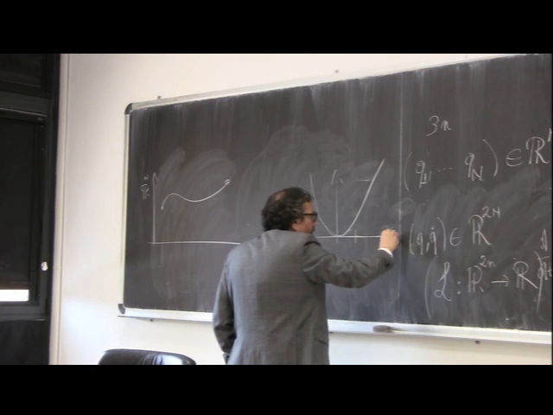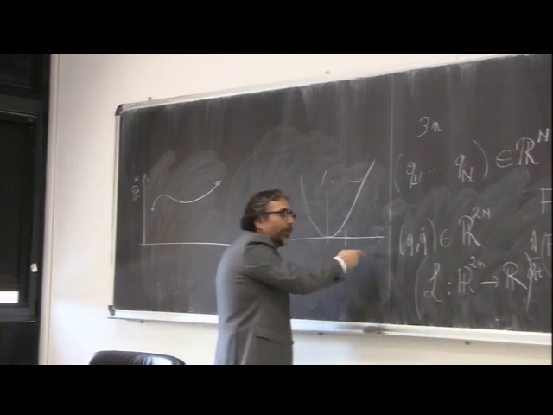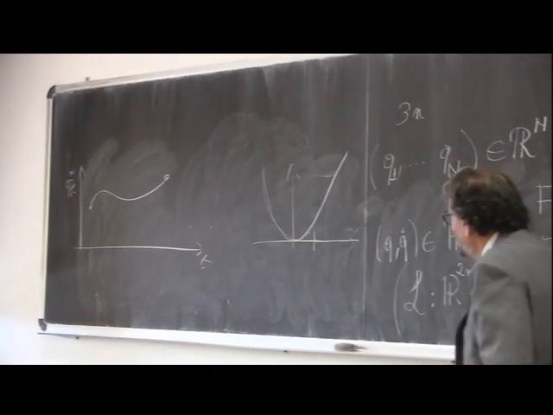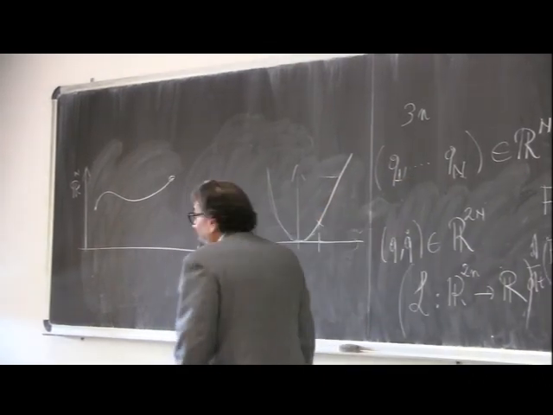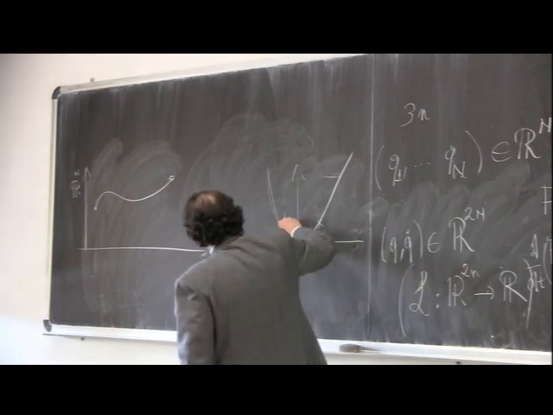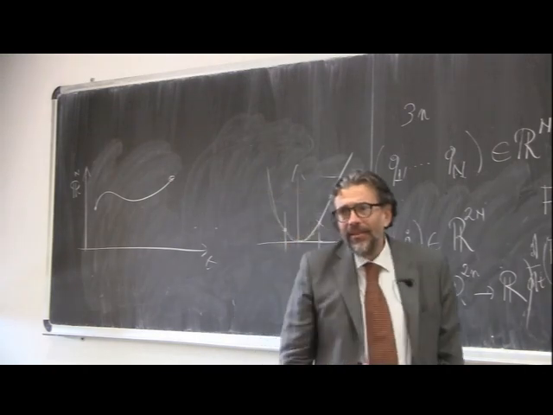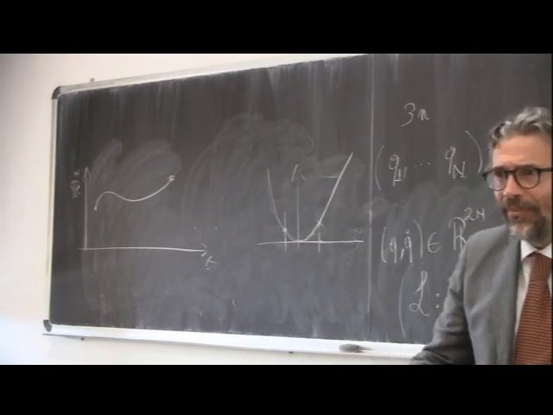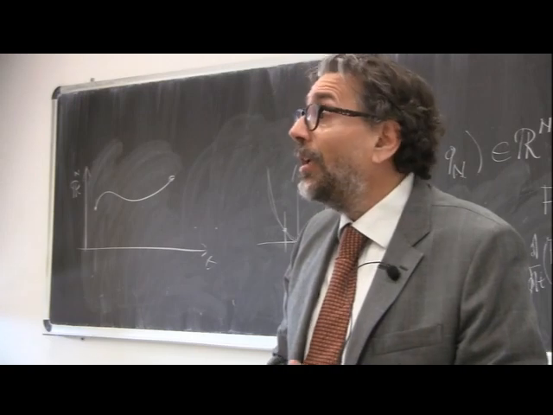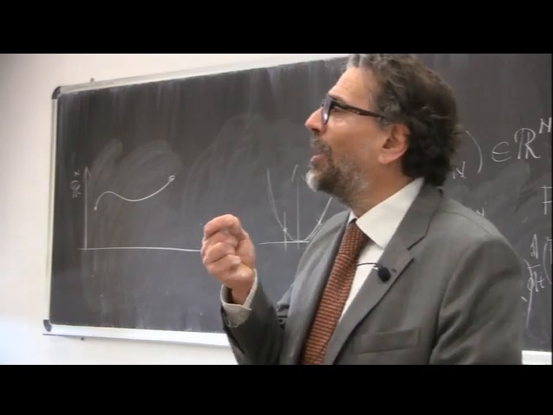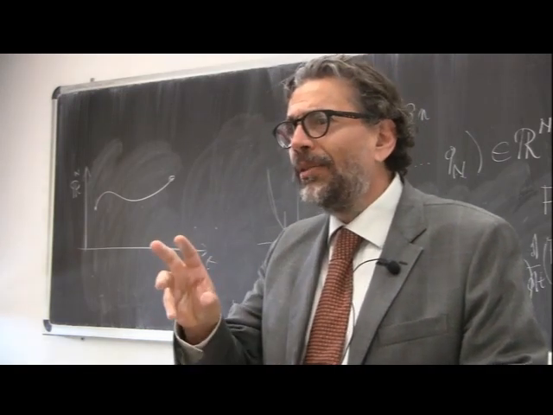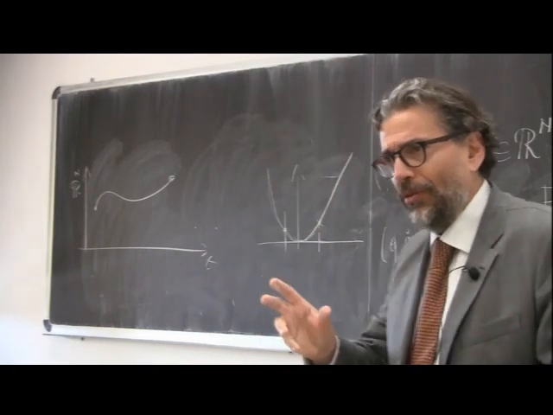If I choose this interval and I ask for the minimum in this interval, then the minimum is attained here. If I ask for the minimum here, the minimum is attained here. It depends on the set. So when somebody formulates a minimum problem, he must tell where he's looking for the minimum. You agree with this?